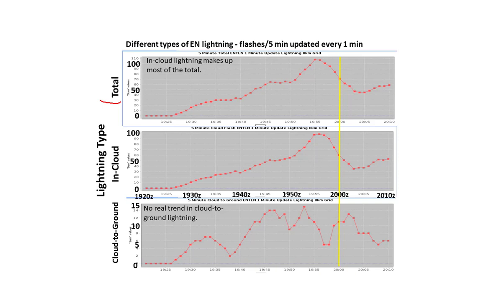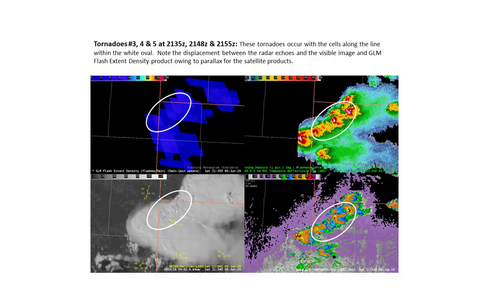And in this case, you see it, but the scale is different. And there isn't all that much cloud to ground lightning, and really no real trend with the storm, which we wouldn't expect. But most of what is made up is the in-cloud lightning. So what this says is I think we can use the GLM with some confidence that most of what we're seeing is in-cloud lightning for these cases.